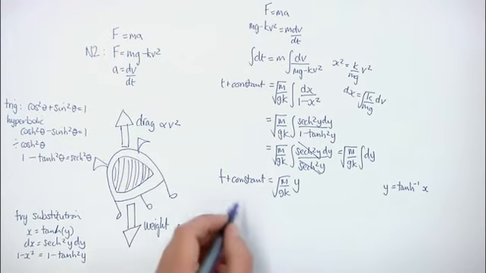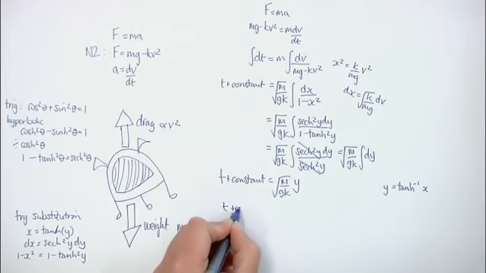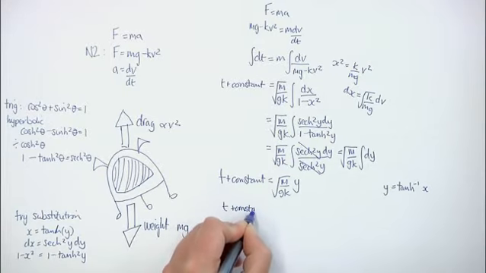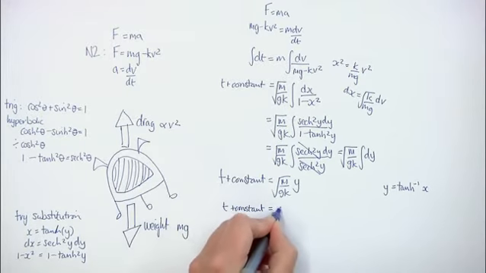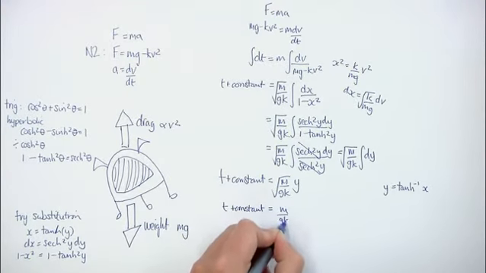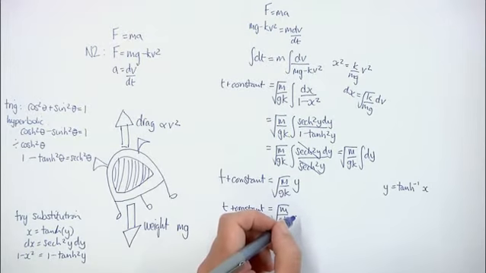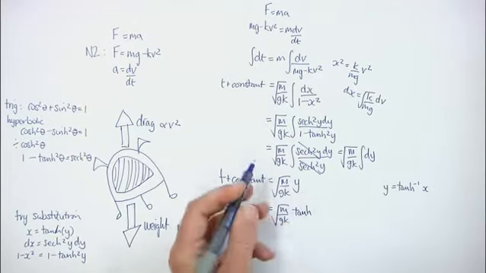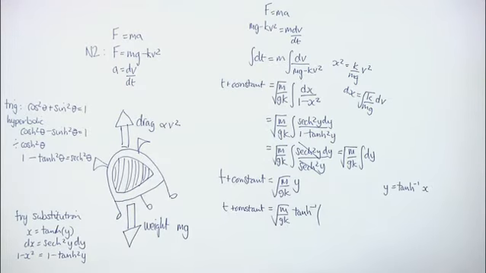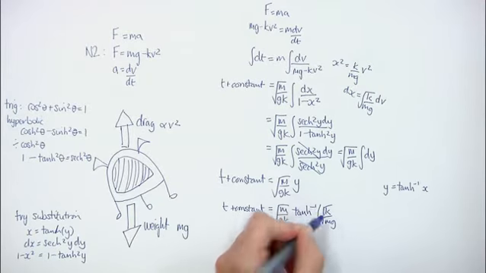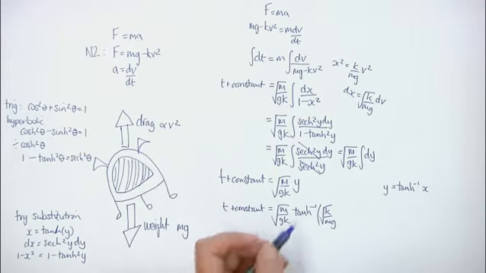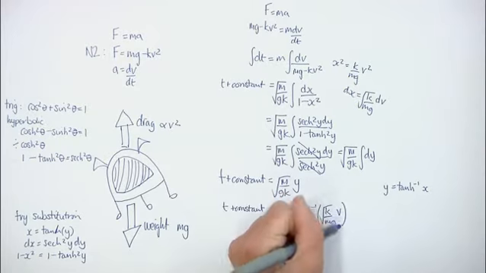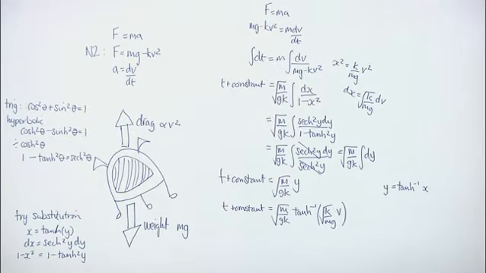So this becomes t plus a constant is equal to the square root of m over gk times the inverse hyperbolic tangent of the square root of k over mg times v. So we've almost got our solution.